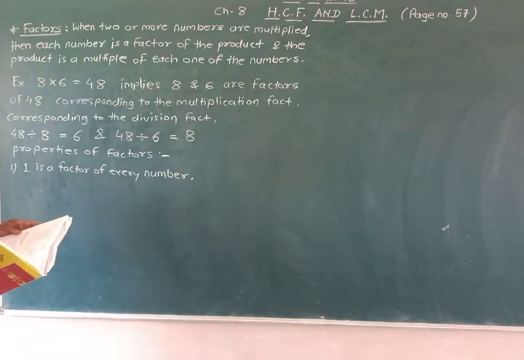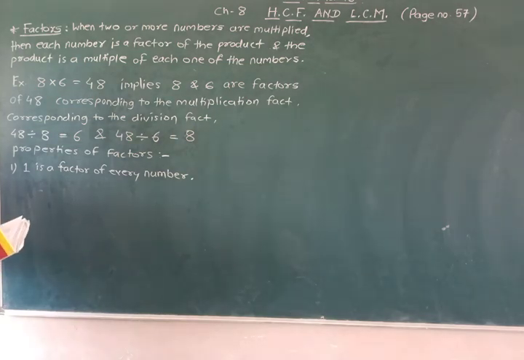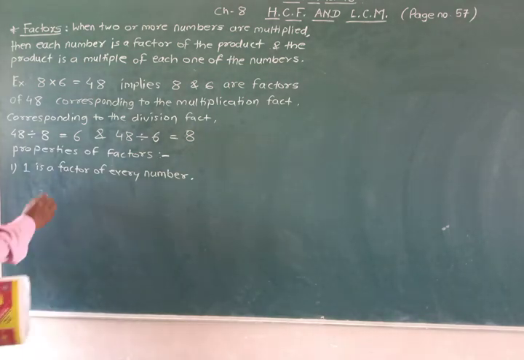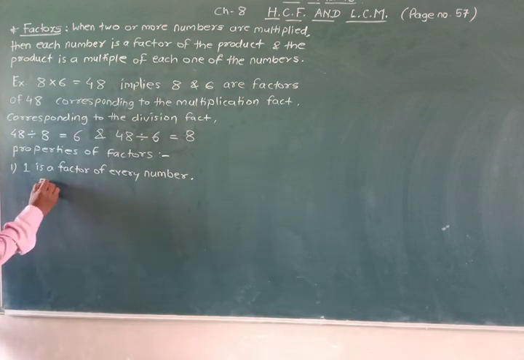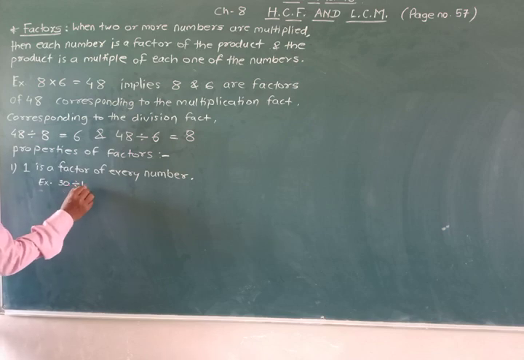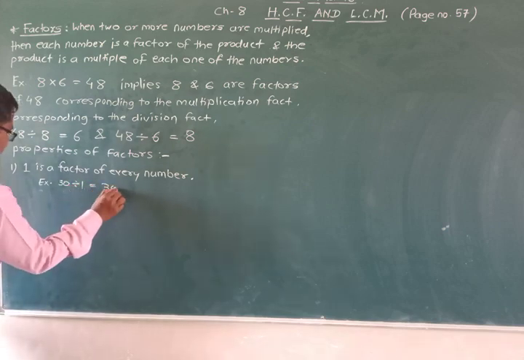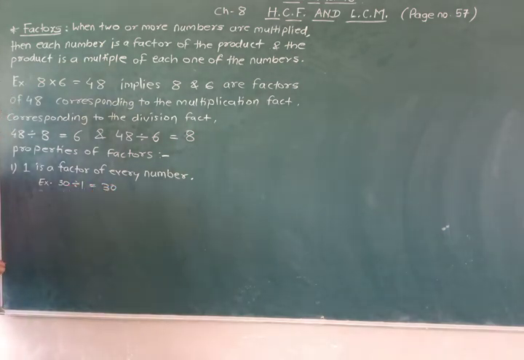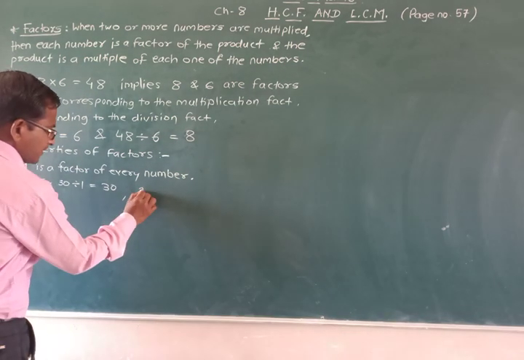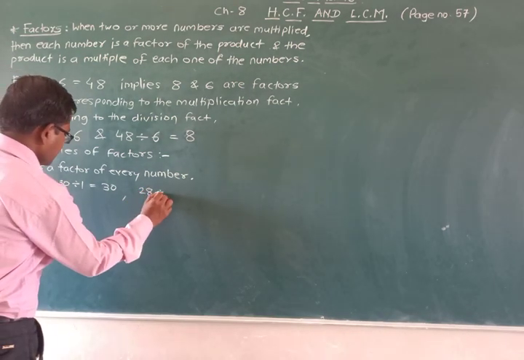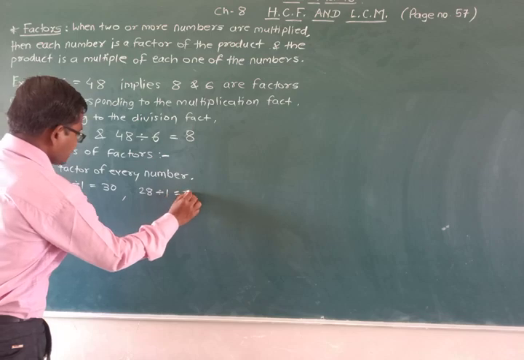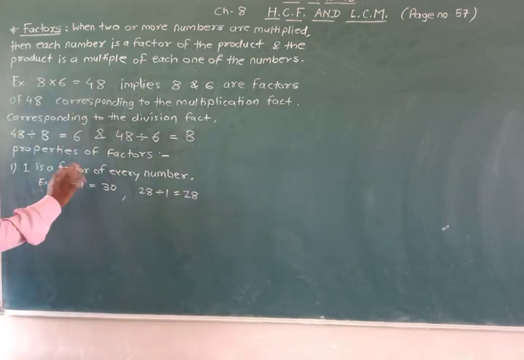Example, 30 divided by 1, we get answer 30. Then again 20 divided by 1, we get answer 20. So 1 is a factor of every number.